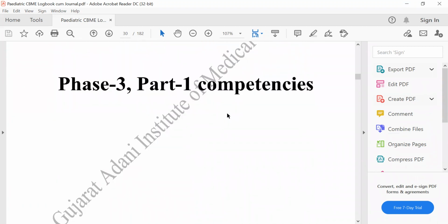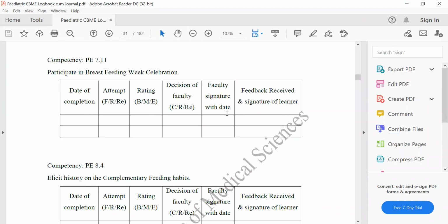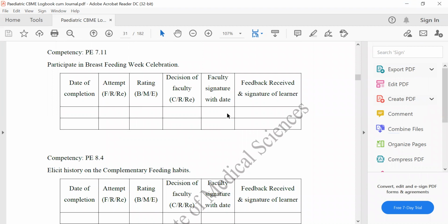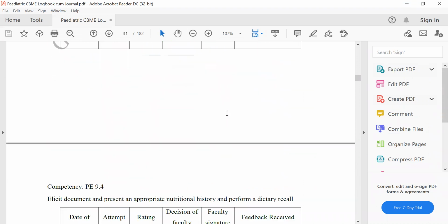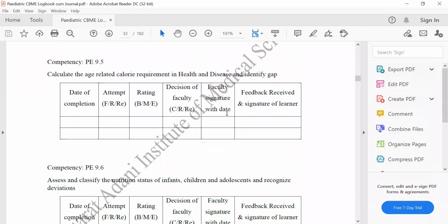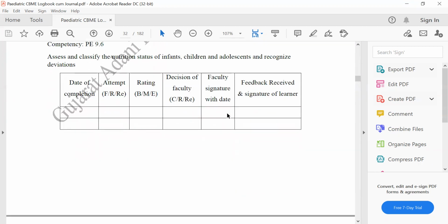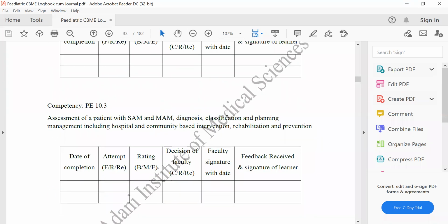Now the phase 3 part 1 competencies, in which in clinical posting 72 hours are there, 4 weeks of posting. So these are the competencies I have included in phase 3 part 1: about the breastfeeding, and about the nutritional history, calorie calculation, nutritional status assessment, about the diet.